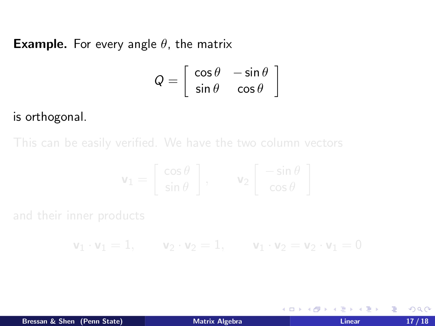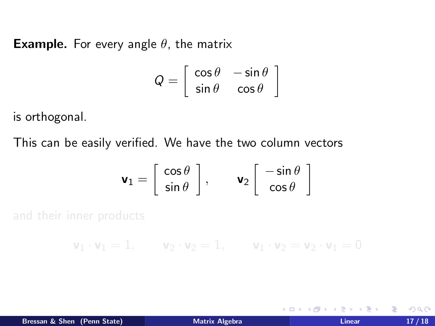Let's take a look at an example for a special matrix in R2, which we looked at earlier. Let's call this Q matrix: cosine theta, negative sine theta, and sine theta, cosine theta. You can go ahead and verify that this is an orthogonal matrix by definition. We first identify the two column vectors v1 and v2. v1 is the first column and v2 is the second column.